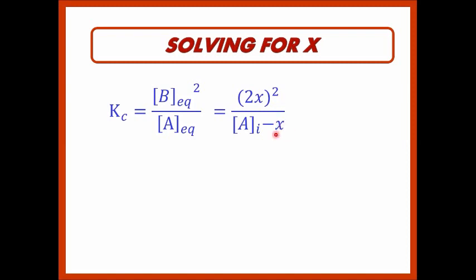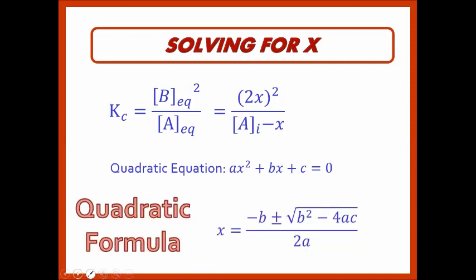But in order to solve for this value of x, we would need to rearrange the expression into its quadratic form. So in general, a quadratic equation reads ax squared plus bx plus c is equal to 0, where a, b, and c are the coefficients for the respective terms of x squared, x, and then having no variable x. So at this point, we can use the quadratic formula to solve for x.